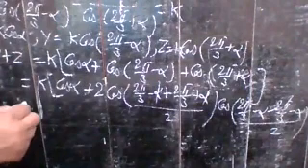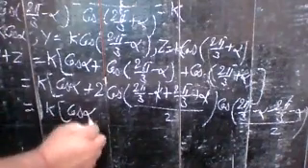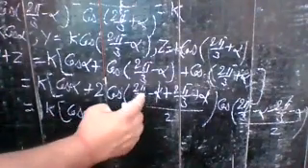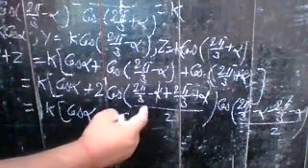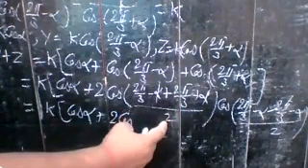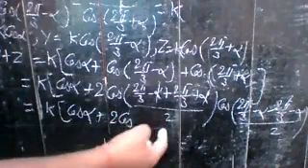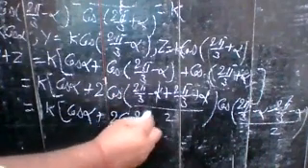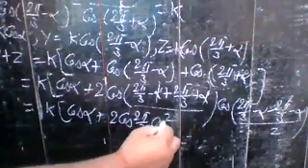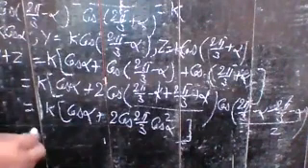So you have k into cos alpha plus 2 cos, here you have 2 pi by 3. Actually, how do you have 2 pi by 3? 2 pi by 3 plus 2 pi by 3, by 2. If you add here, you have 2 times 2 pi by 3 by 2, so that cancels. So here you have 2 pi by 3, and here you have cos alpha. Understand? Now find its value.